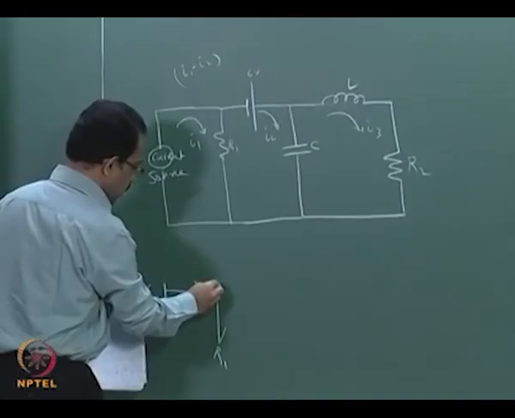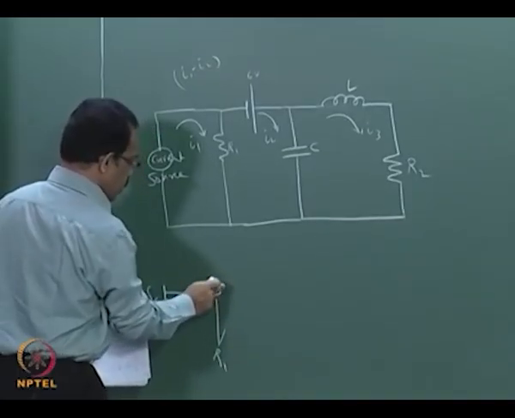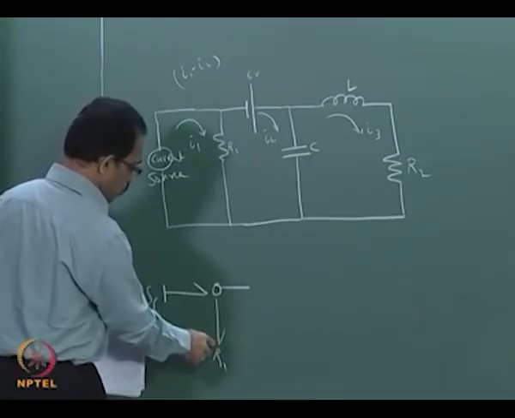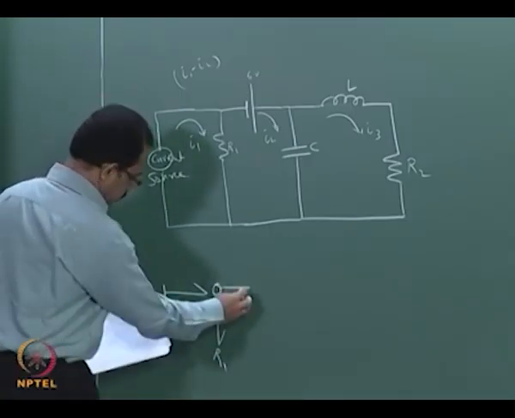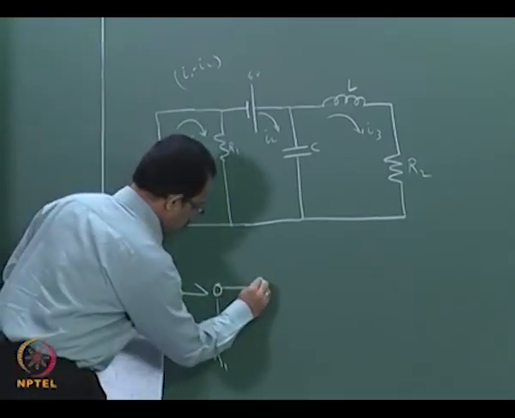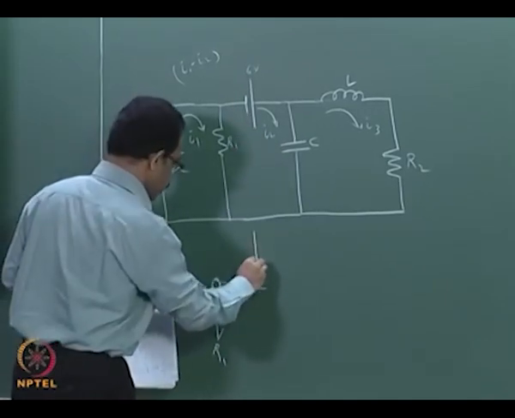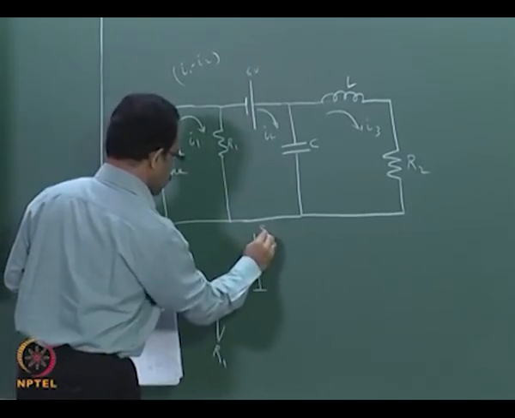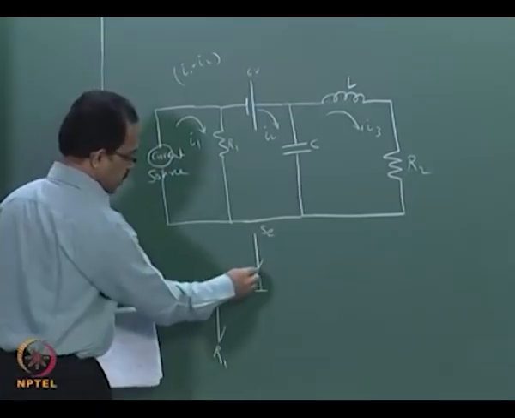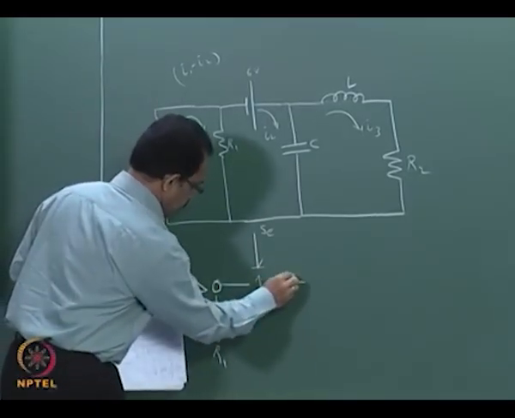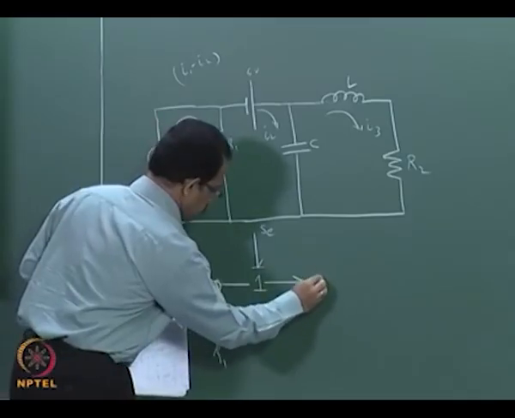So there will be a common effort junction here to represent the flow of currents I1 and I2 onto this element R1. Then we have an effort source, that is SE, a voltage source acting, and a current flowing from this, which is I2.